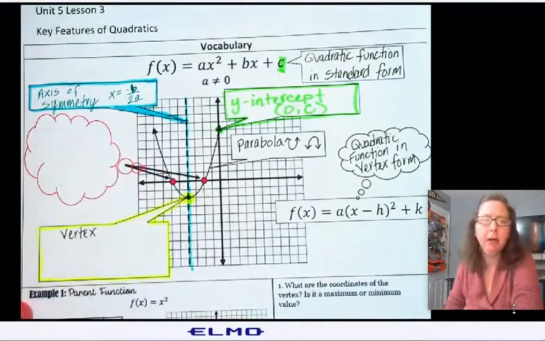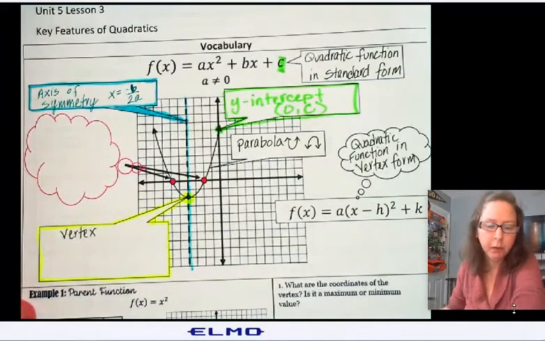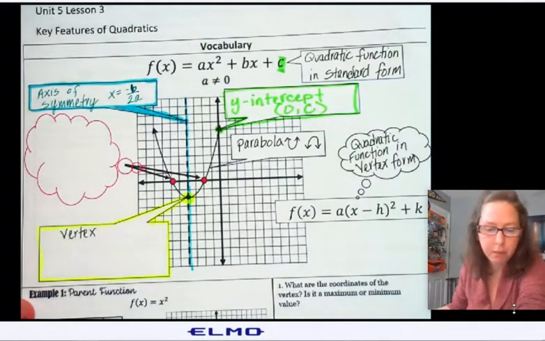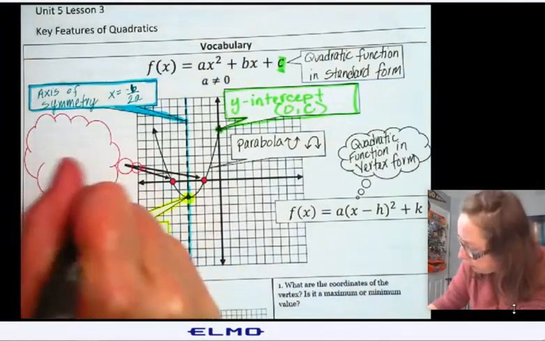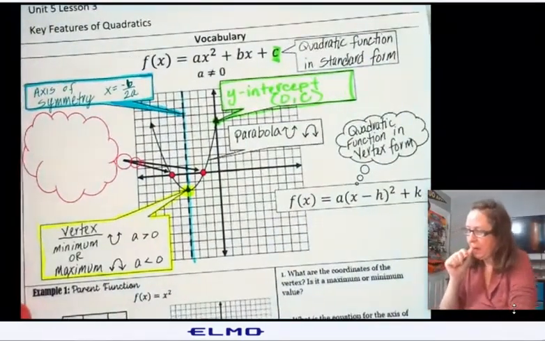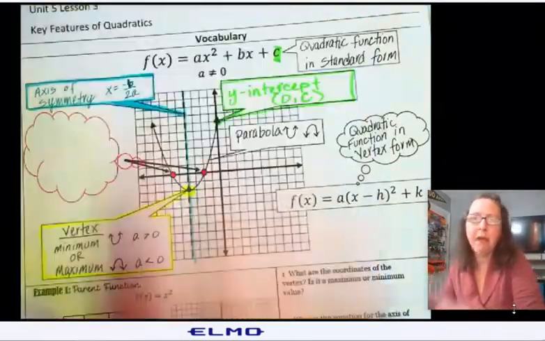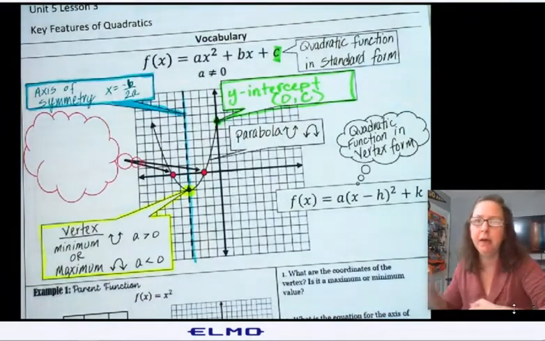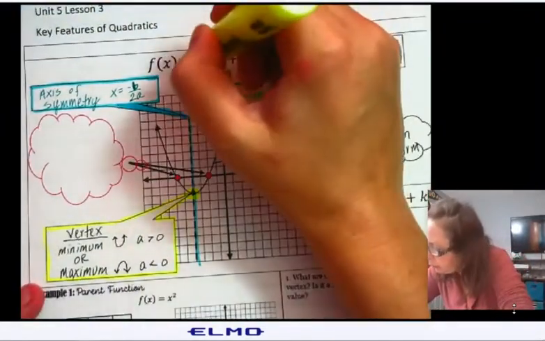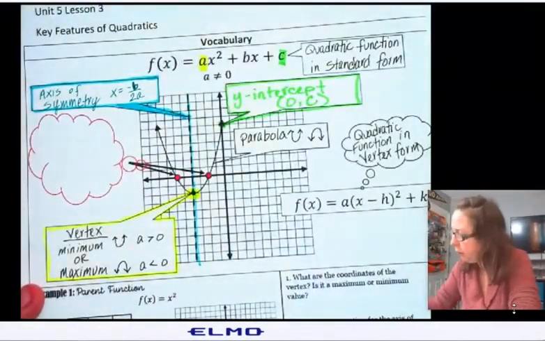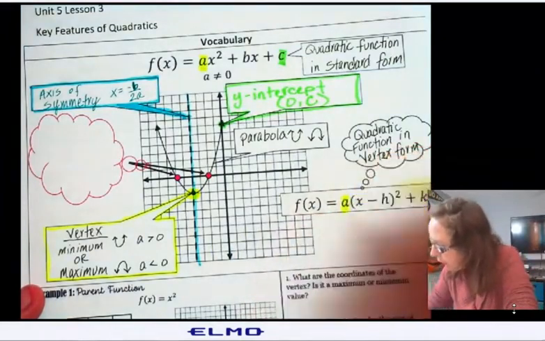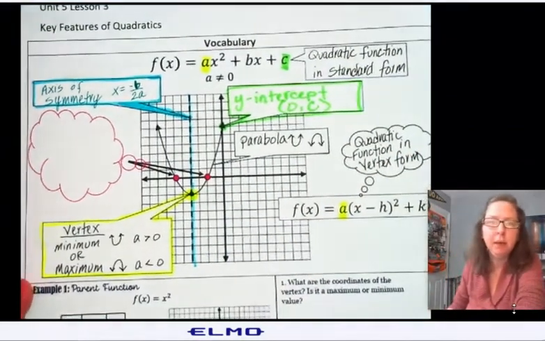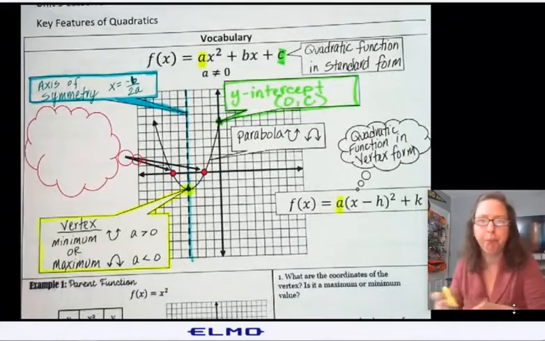In a parabola, the vertex is either going to be a minimum or a maximum. When I refer to the a value, it is right there in standard form, and it's in front of the parentheses in vertex form.